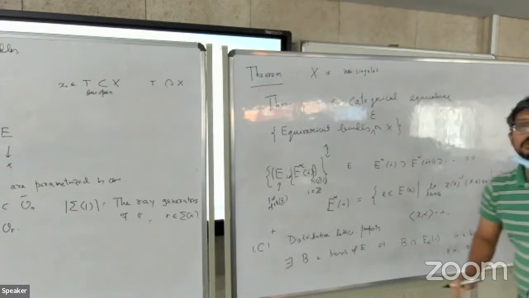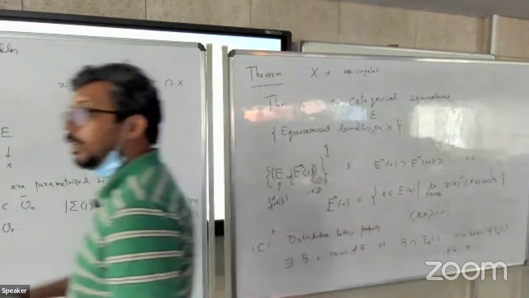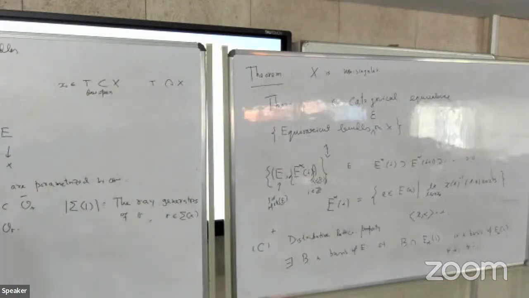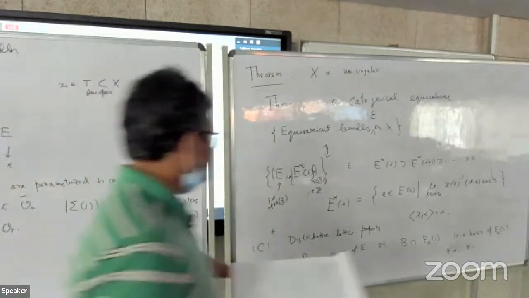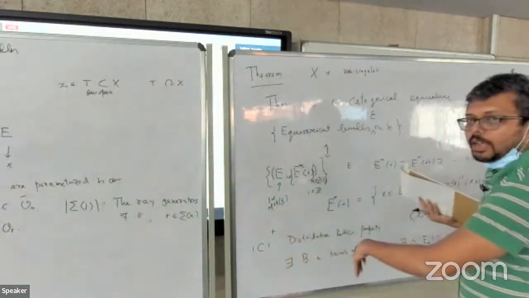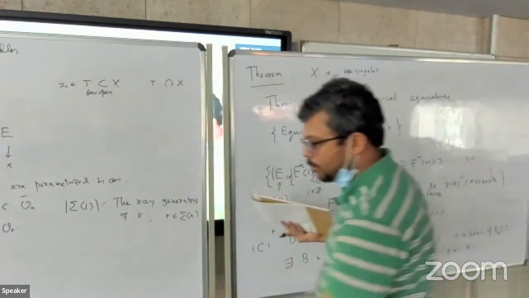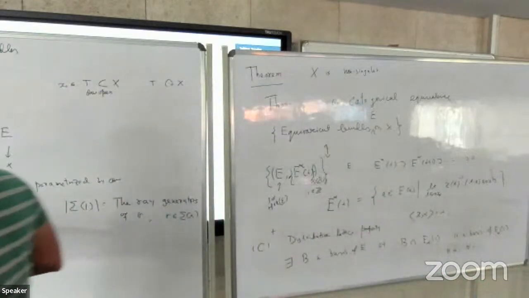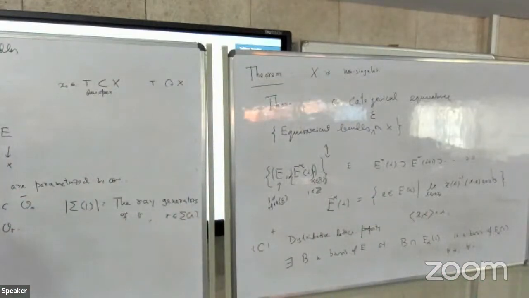This is a very strong condition. So checking if you have a collection of vector subspaces, whether such a B exists or not, it's not an easy condition. But one can make it nicer in another way, using the isotypical decomposition. You can change it a little bit for the singular case.